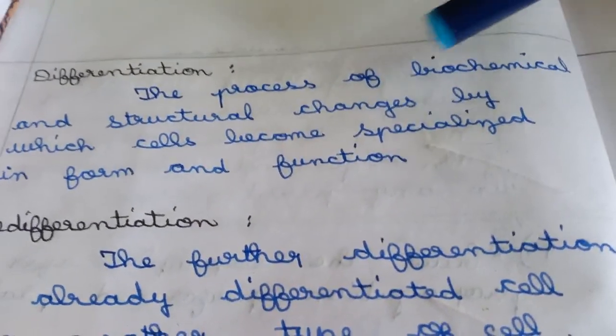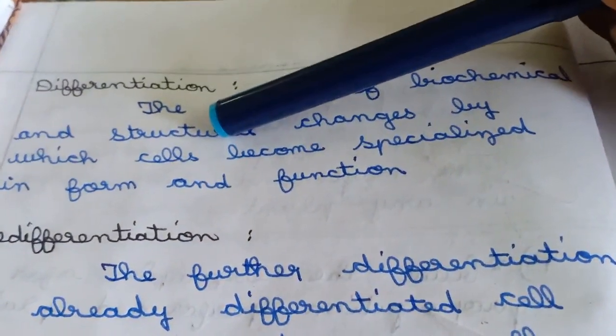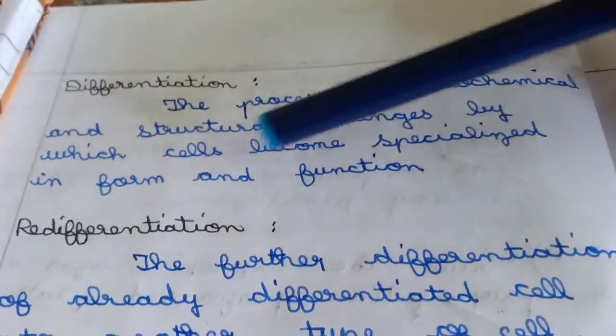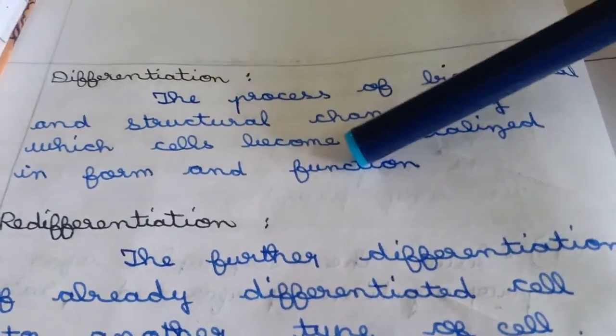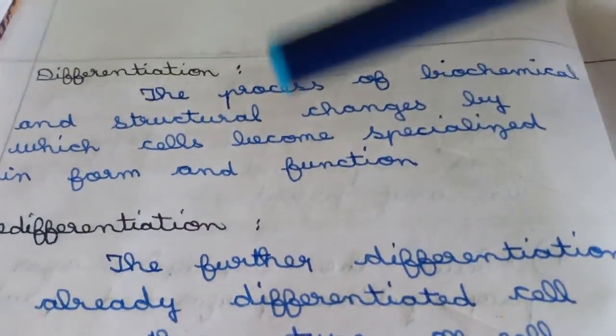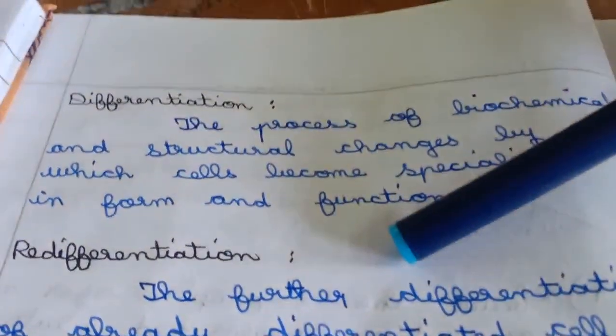Now this callus is undergoing changes biochemically and structurally by which the cell becomes specialized in form and function. So you can find the cell in the seed suddenly turns to plumule and radicle. The plumule functions as the stem, the radicle functions as the root. So they change in their form and function.